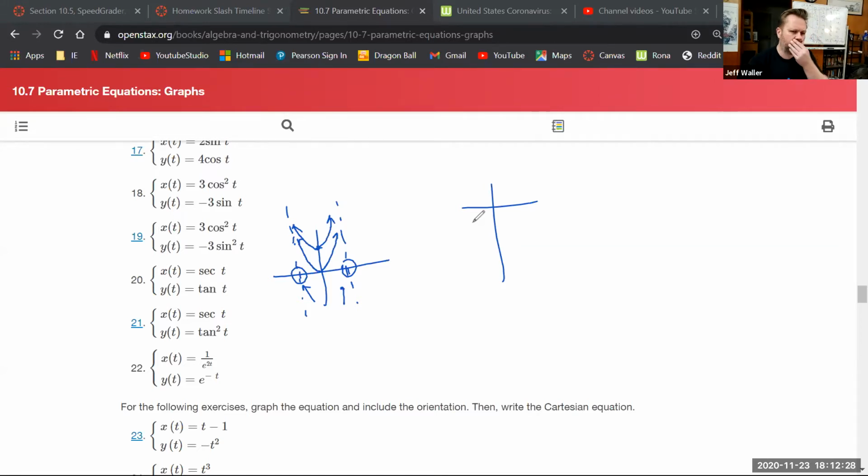Well, let me be careful. The secant is going to be negative over here. So maybe you should do, let's see, right? Isn't secant going to be negative over here? So it is going to be a little bit different. And then tangent is going to do its thing again.